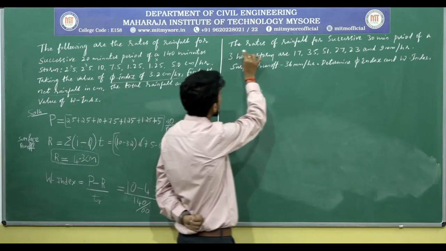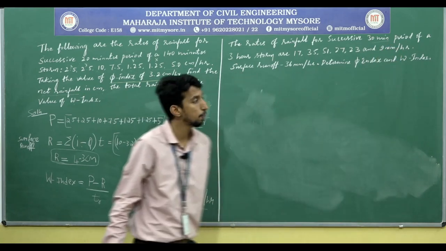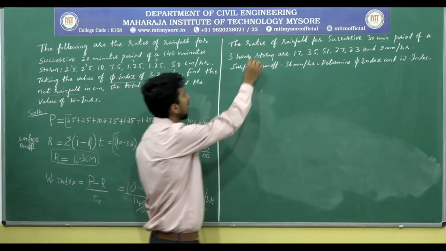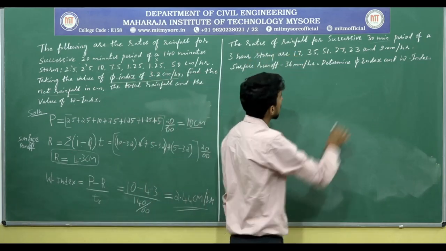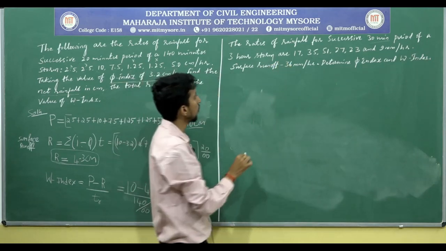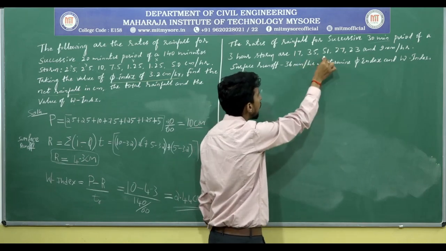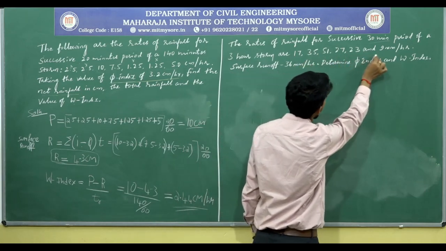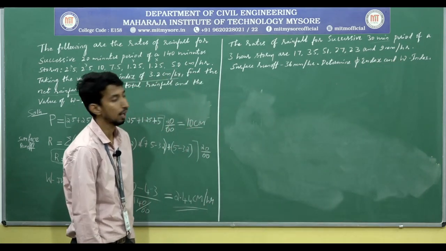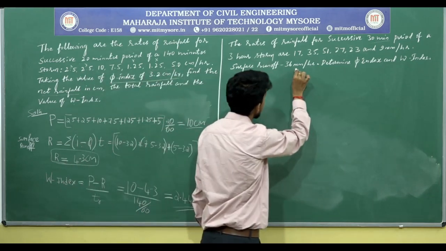The rates of rainfall for successive 30 minute periods of a 3 hour storm are 17, 35, 51, 27, 23 and 9 mm per hour, and the surface runoff is 36 mm.